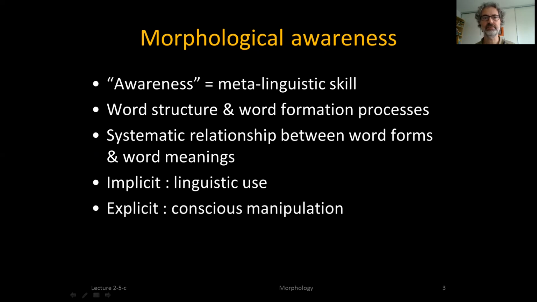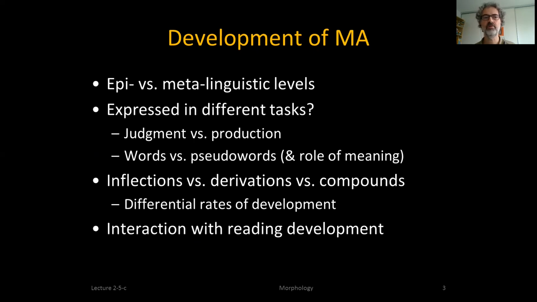However, all this explicit metalinguistic ability doesn't develop overnight and doesn't develop all at once. First of all, one can see a gradual development. So you can say that there are different levels of development of morphological awareness. Again, the example of phonological awareness may be useful.